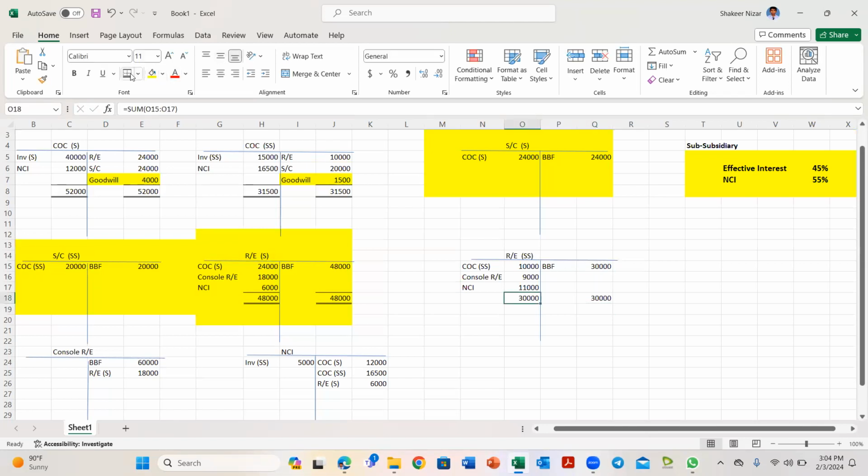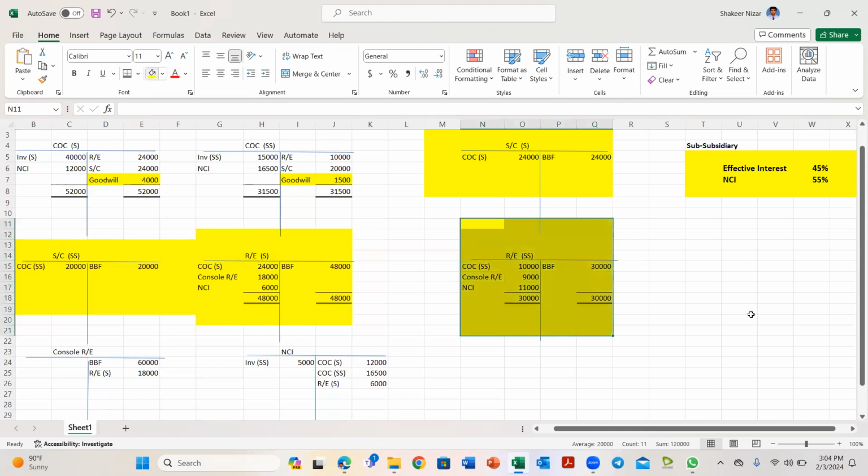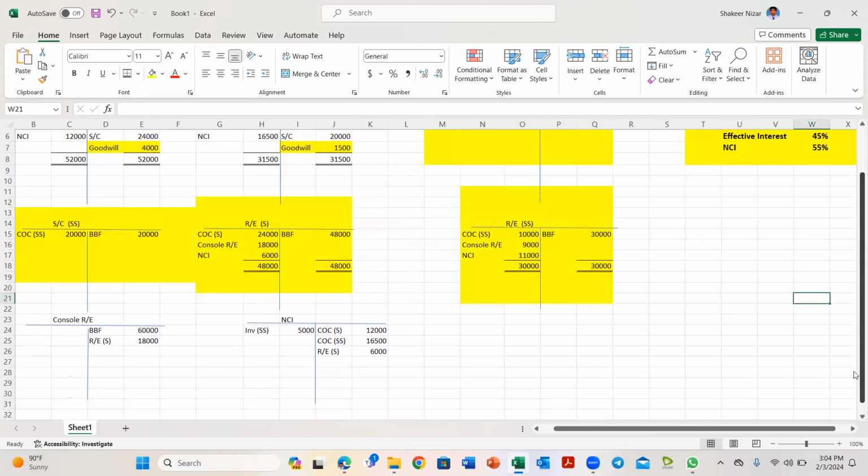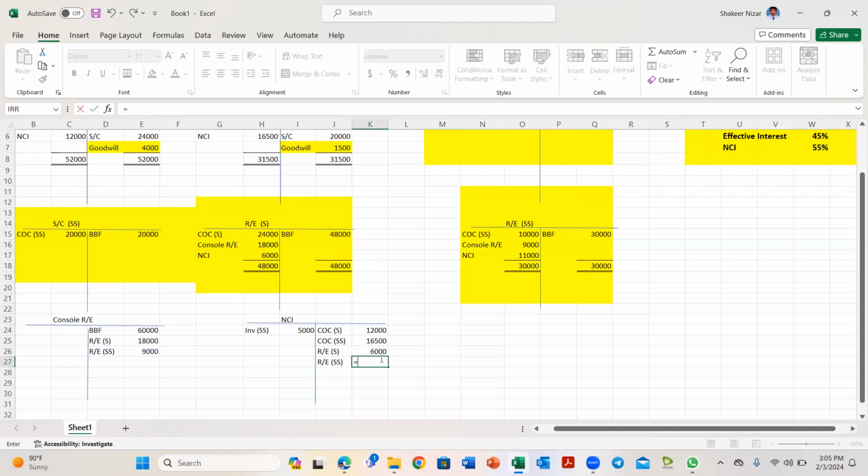This account is now netted off, and this account is also done. So here, the consolidated retained earnings of subsidiary SS is 9,000, and the NCI account, the retained earnings of SS subsidiary, is 11,000.